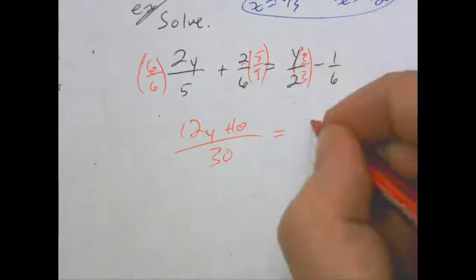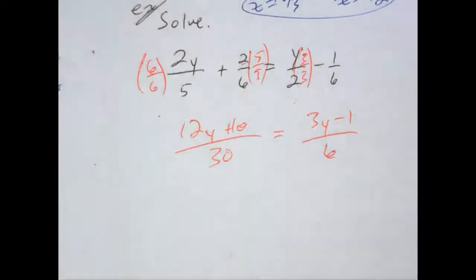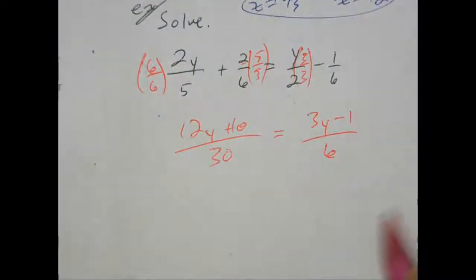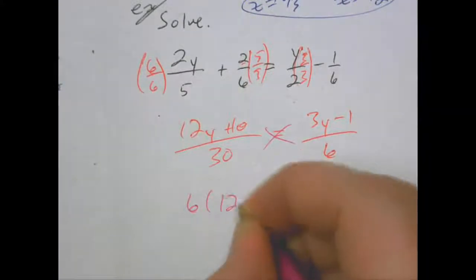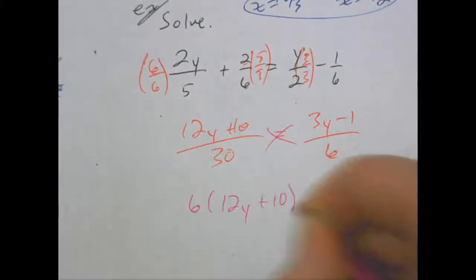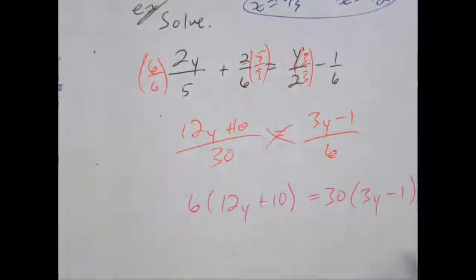Over here, I have 3y minus 1 over the same denominator, which will be 6. So now that I have the common denominator, I can multiply both sides since they are both fractions. So I have 6 times 12y plus 10 equals 30 times 3y minus 1, and then just solve from there.